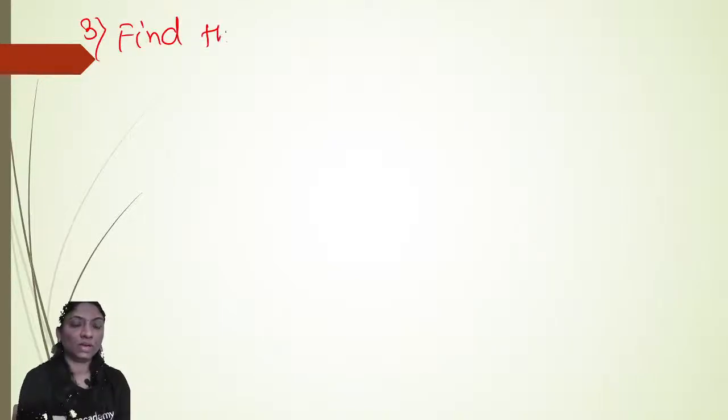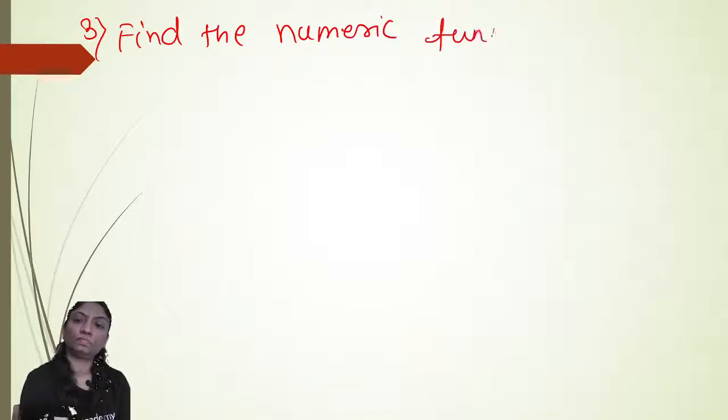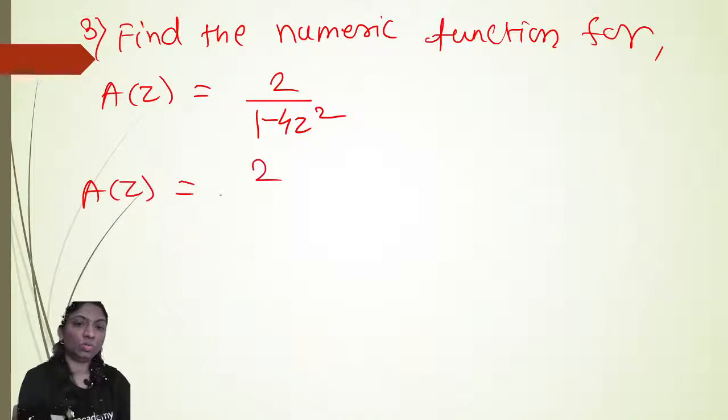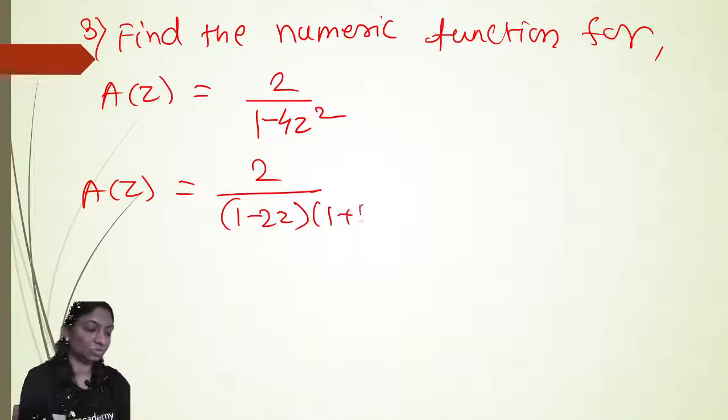Next, third function. Find the numeric function for A of z is equal to 2 upon 1 minus 4z square, right? You can write A of z as 2 upon 1 minus 4z square, so 1 minus 2z into 1 plus 2z, right?